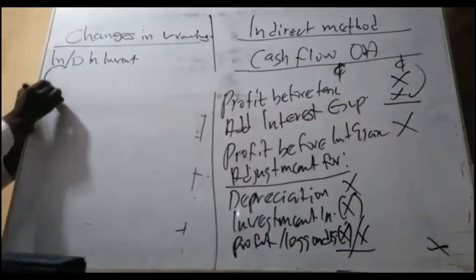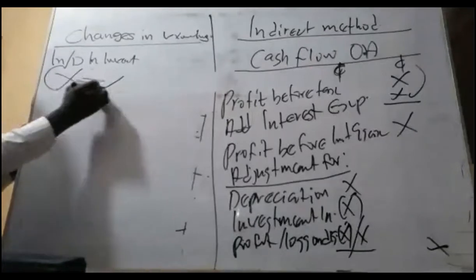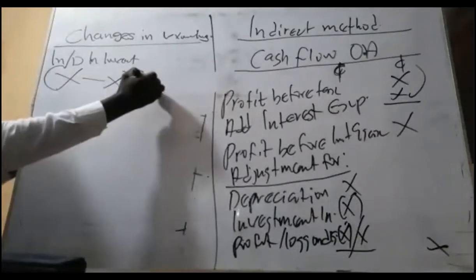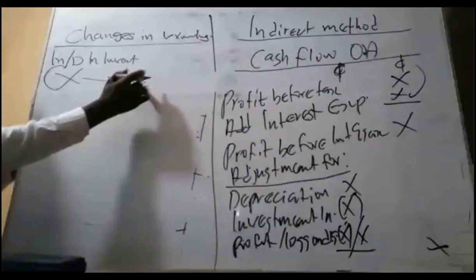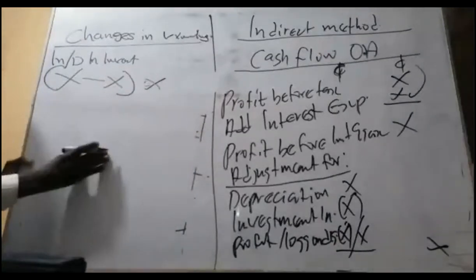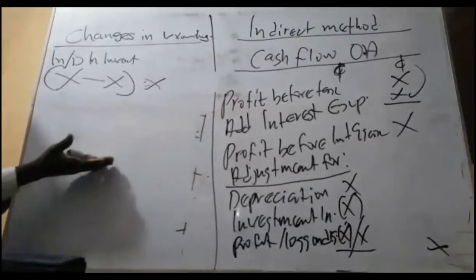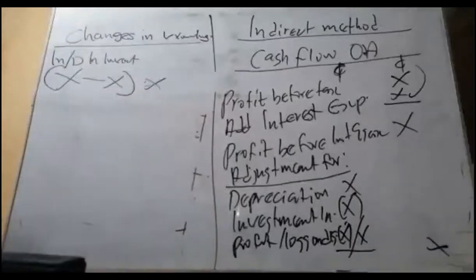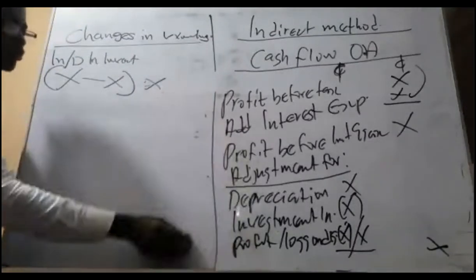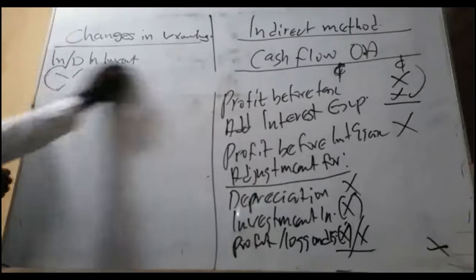Open your brackets and perform the working, something minus something. Put the answer in the first section. Do the same for all the 3. When you sum them up, you get 10 workings there. Good.